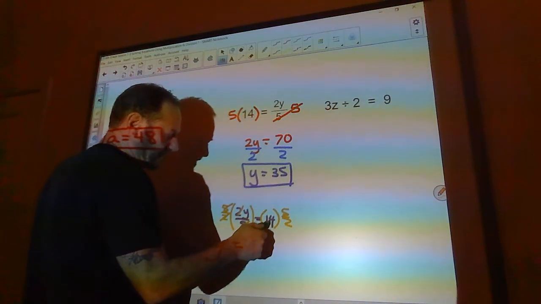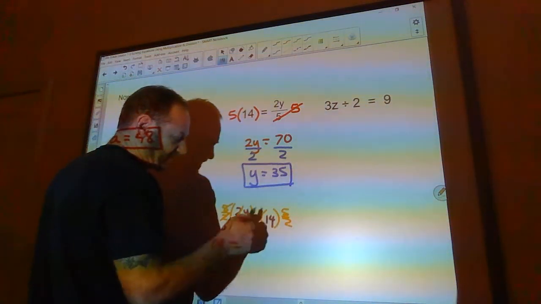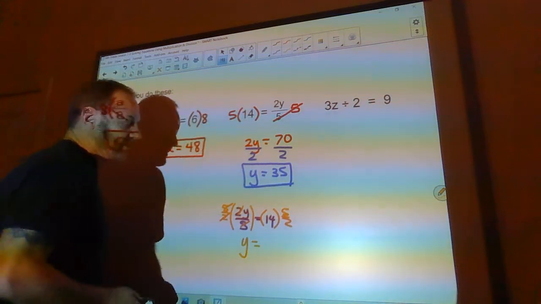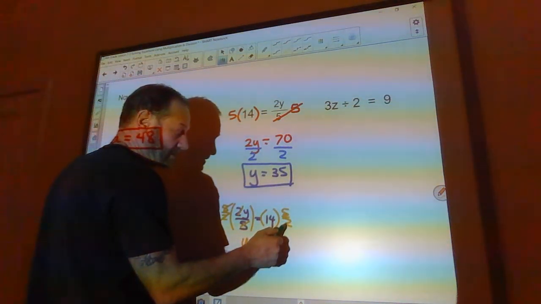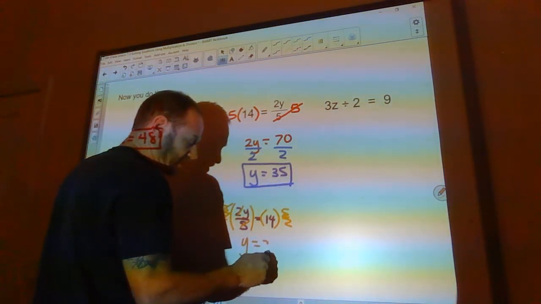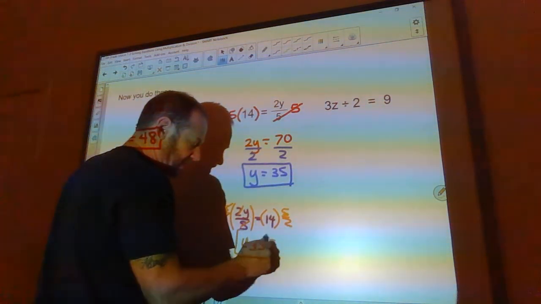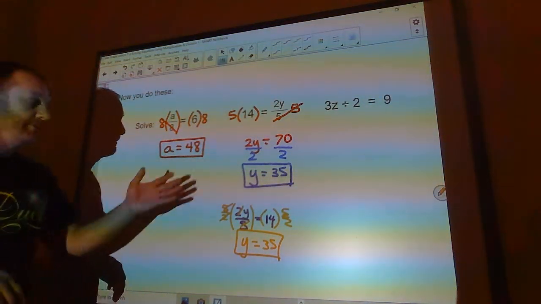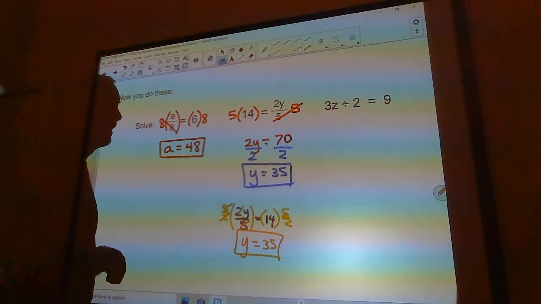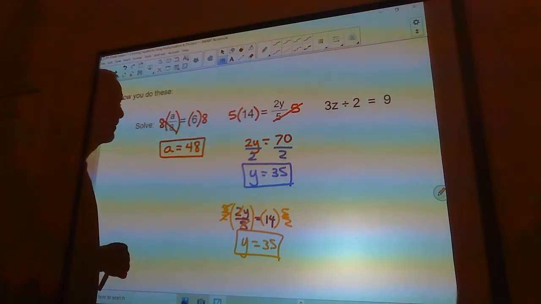And here, it doesn't matter if I go 14 times 5 divided by 2 or 14 divided by 2 times 5. In fact, that would be easier. 14 divided by 2 would be 7, and 7 times 5 would be 35, which is the same thing that we got up here. So I don't care which way you do it, whatever floats your boat. Have at it. Just make sure that you do it correctly.